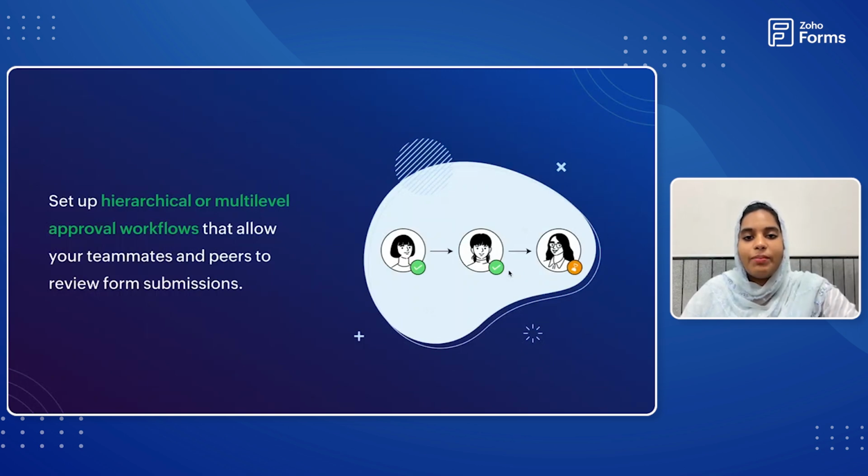So you can set up hierarchical or multi-level approval workflows that allow your teammates and peers to review form submissions. You can configure multiple levels of approval to make your process more efficient and easier to manage. Your approvers at each level can review the form submissions, denying or approving form entries for a smoother flow of data.